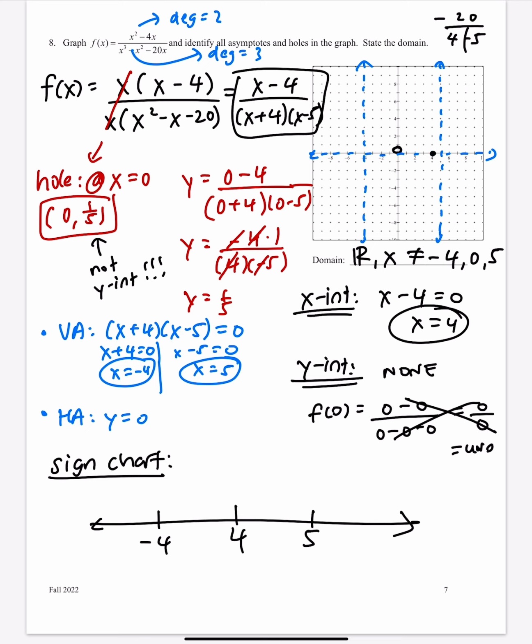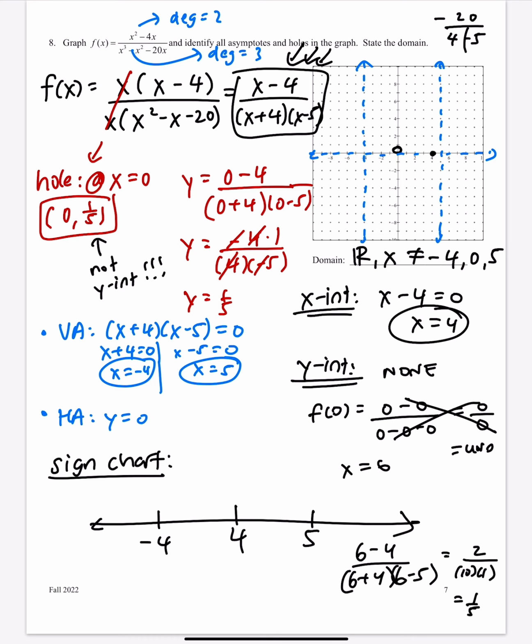So we can kind of make a sign chart. So we want to plug in a number. Let's say I plug in 6. I plug into this version here. 6 minus 4 over 6 plus 4 times 6 minus 5. 6 minus 4 is 2. That's 2 over 10 times 1, which is 1/5.